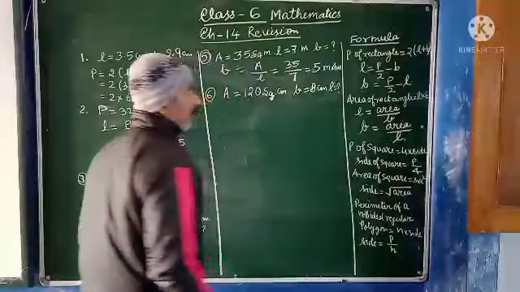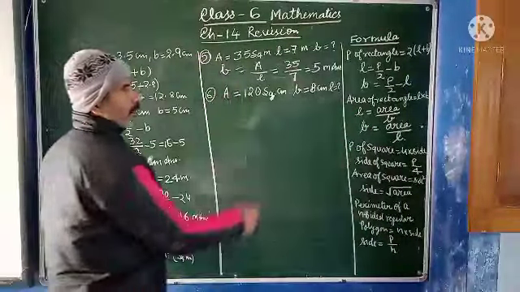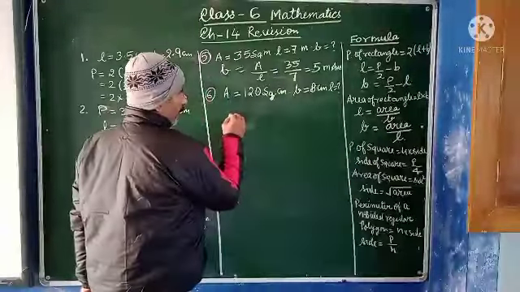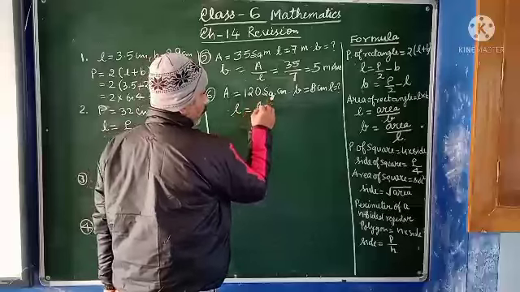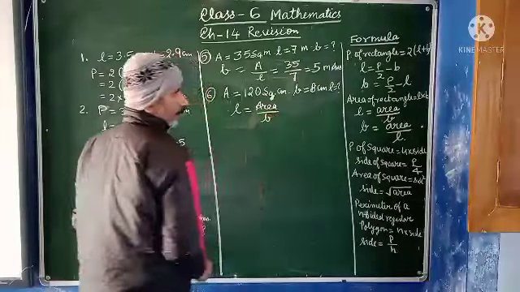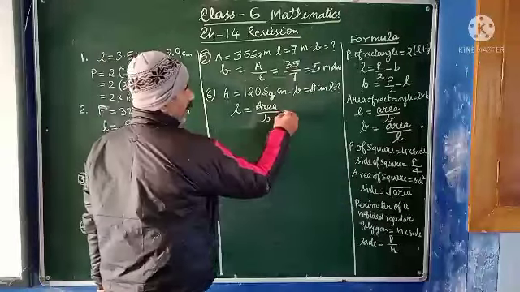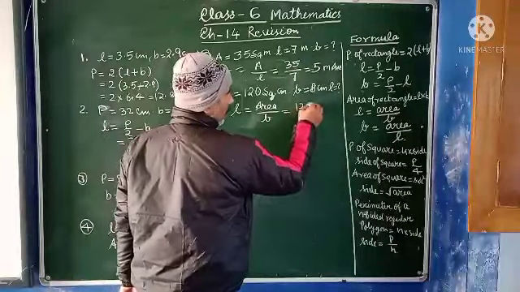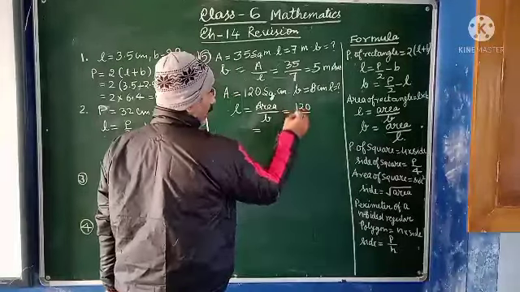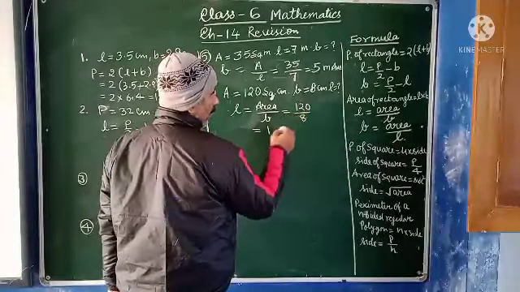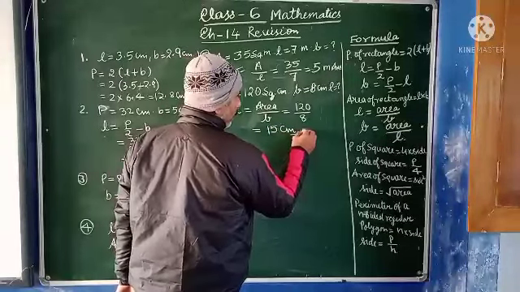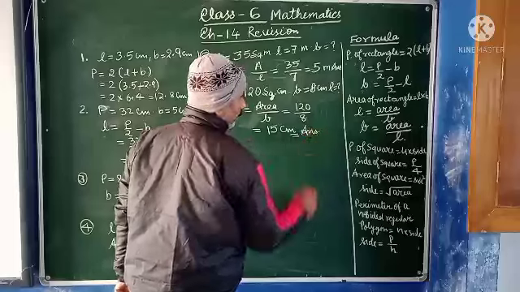So write the formula for the length that I taught you. Length is equal to area divided by breadth. The area here is 120, so 120 divided by 8. 8 1s are 8, 4 left, 40; 8 5s are 40. So 15 centimeter will be the length. This is the answer.